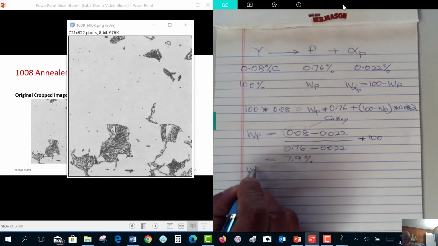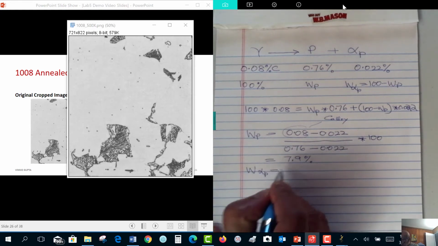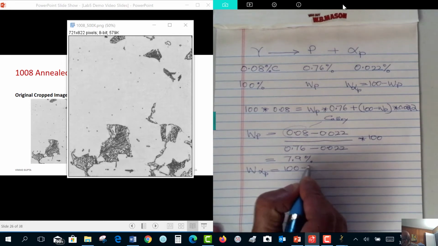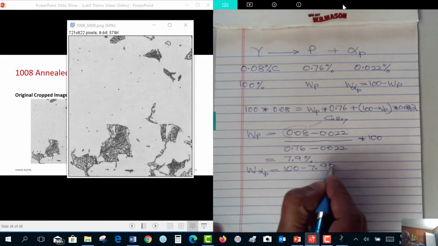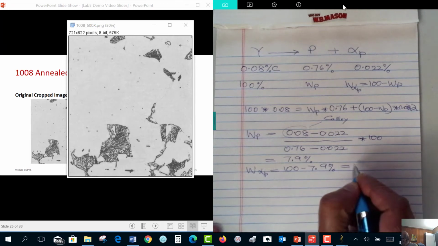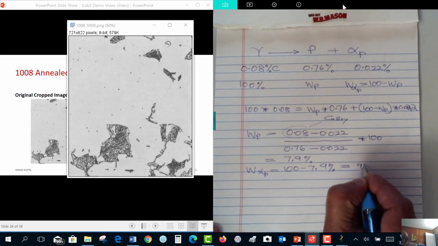So our W alpha P would be 100 minus 7.9%, and that would give us 92.1%.